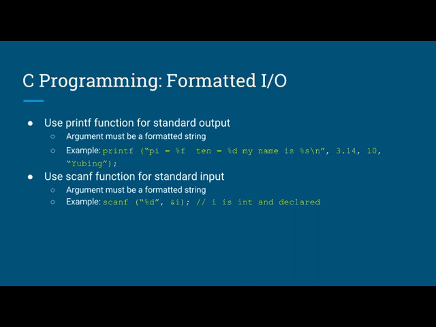It will wait for the user's input, and the user types an integer in the command line and hits the enter button. It will get the value from the command line and assign it to i. Remember that C passes arguments by value instead of by pointer. So if we want a function to change a value, we need to use the address, the pointer, instead of the argument itself. All right.